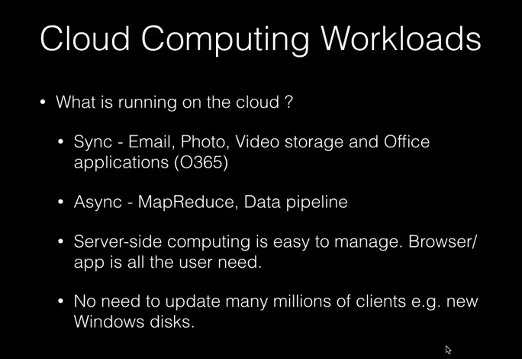So let's move on. Cloud computing workloads are basically describing what is running on the cloud. Think about it as email, photos, video storage, and an office application. This is a type of workload.